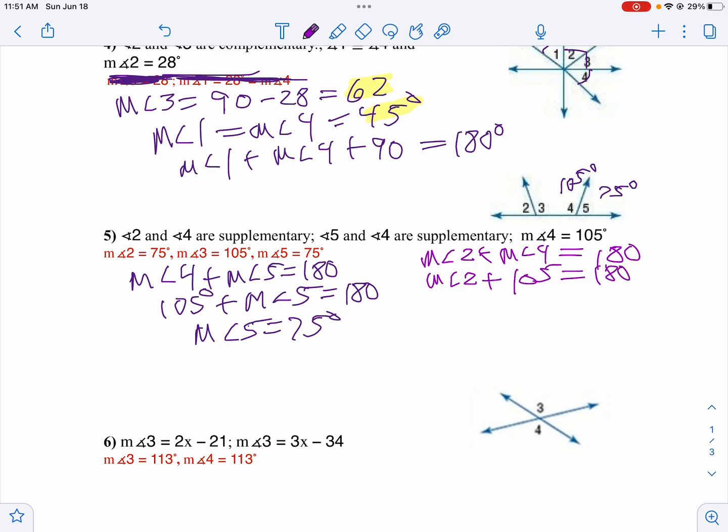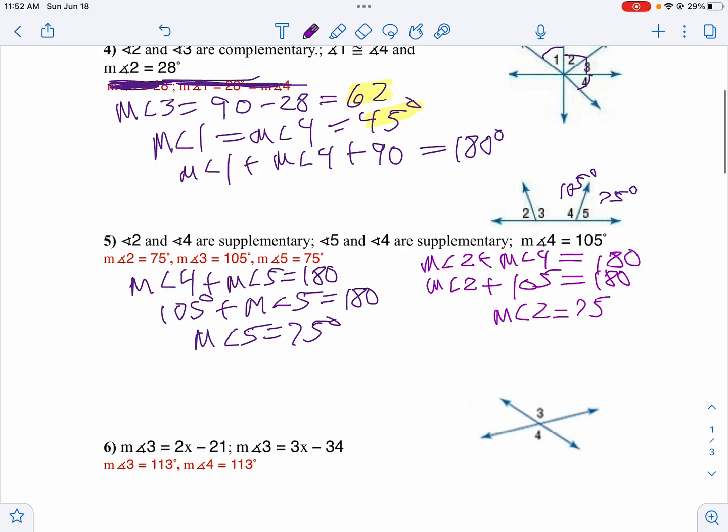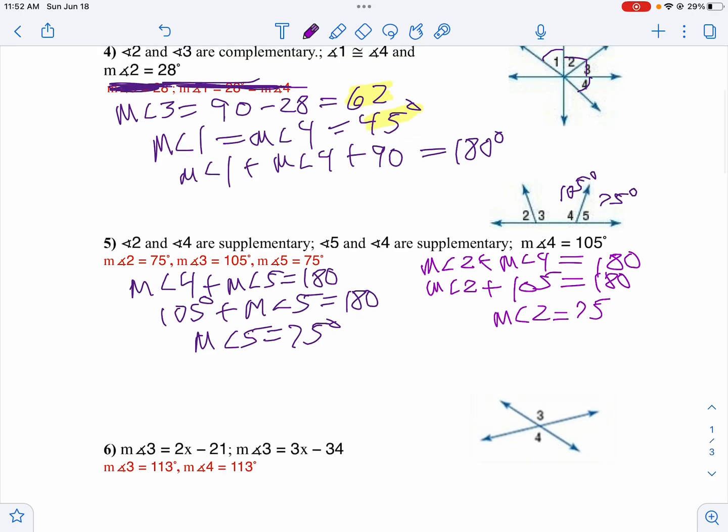So just like angle 5, the measure of angle 2 is going to be 75 degrees. And then the measure of angle 3 would be 105 because we know 75 plus 105 makes 180 degrees. And that's how we get those answers.